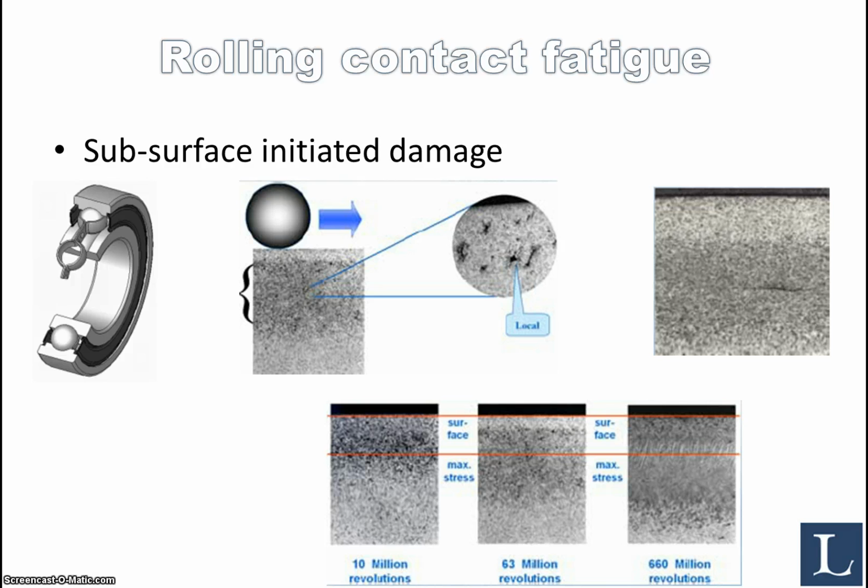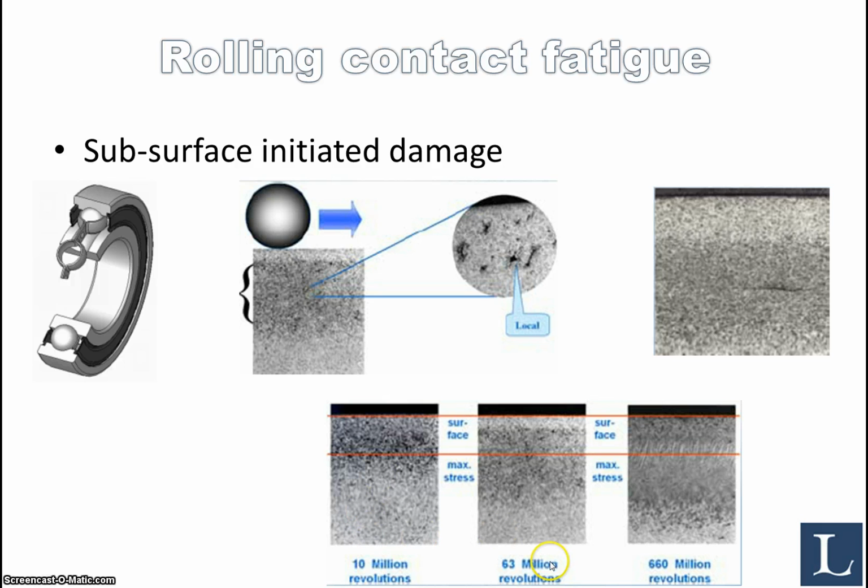Regarding the subsurface initiated damage, as I said, this occurs due to the stress maximum at some depth into the material, and it can result in crack initiation and propagation. So you can see that here, where you have a crack initiation, and you can also see that in this figure right here. And here you can also see how the microstructure of the material is also affected by the number of revolutions.